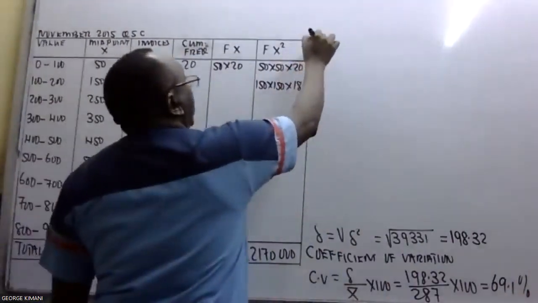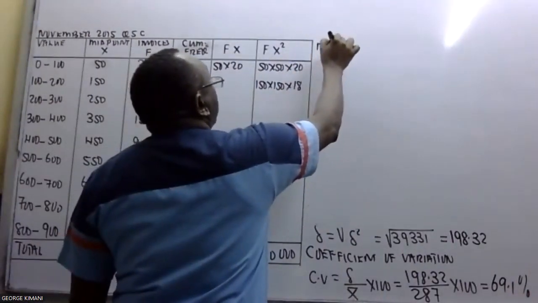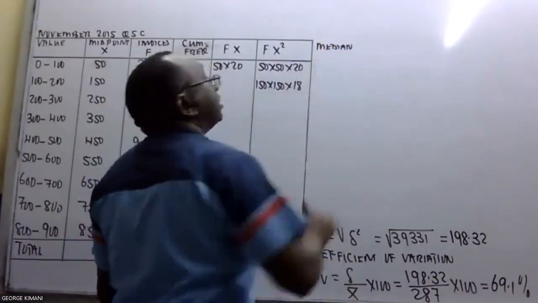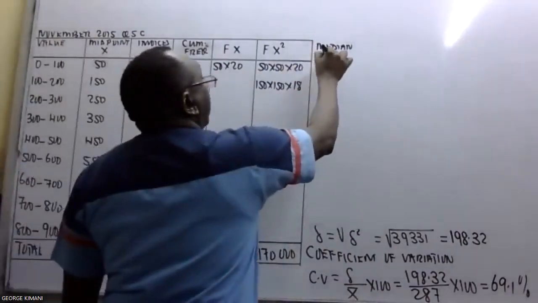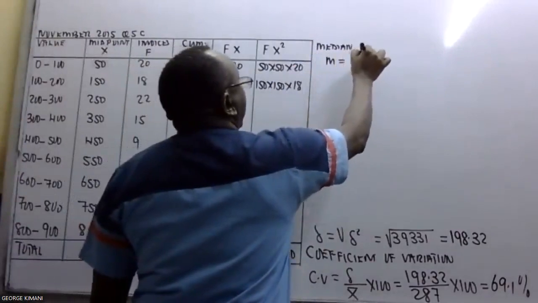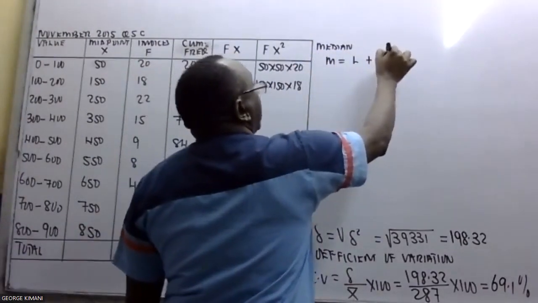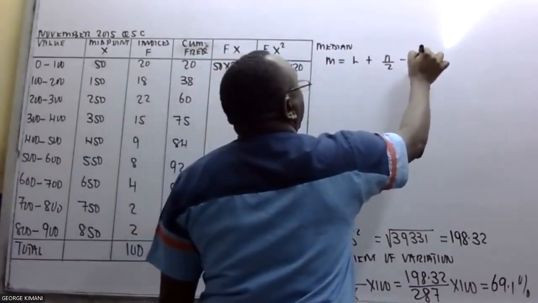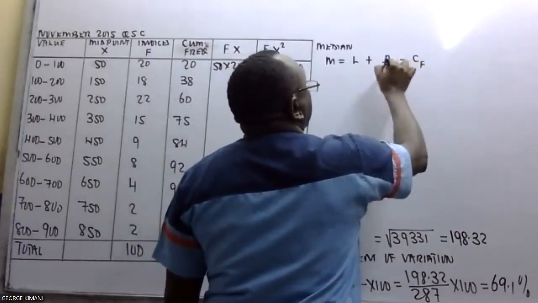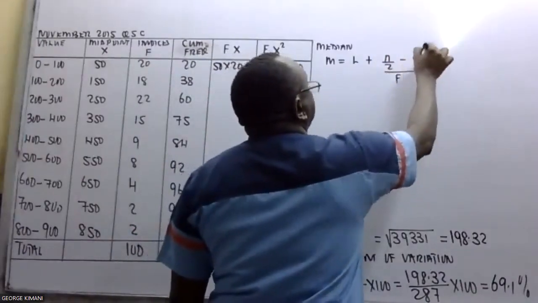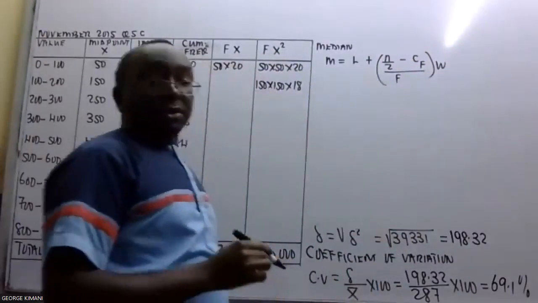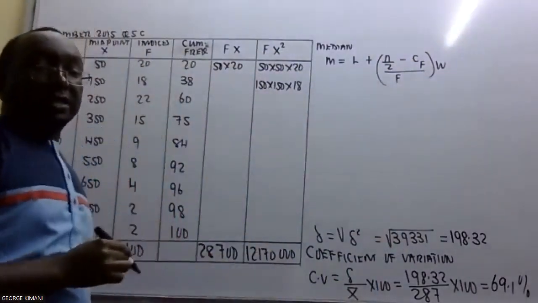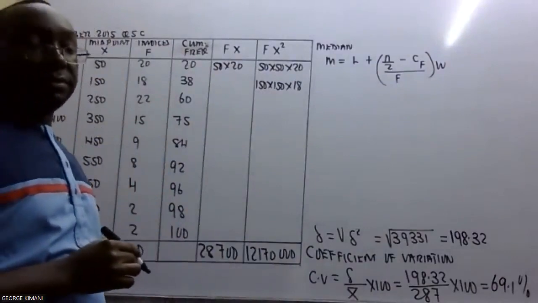The next thing that I want us to get is called median. Now, median, M is given as L plus N out of 2 minus CF, you divide by F, you multiply by W. That is how you get the median.